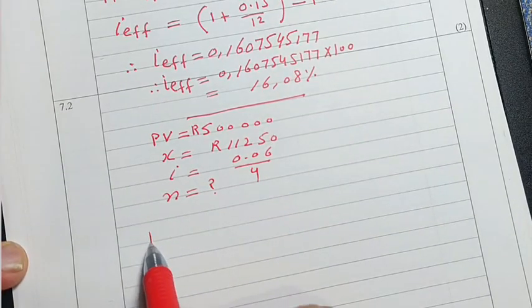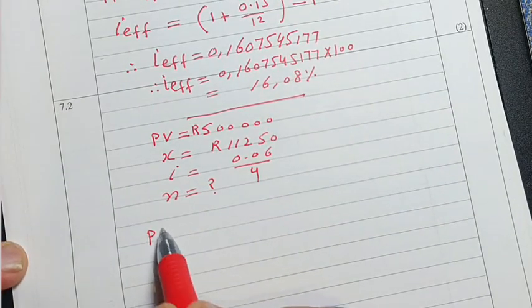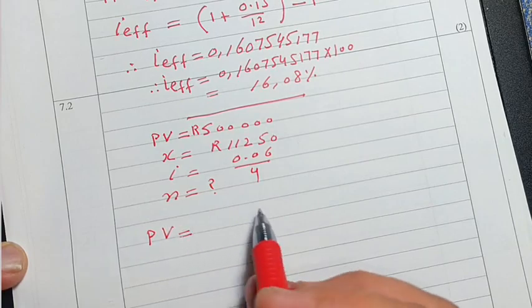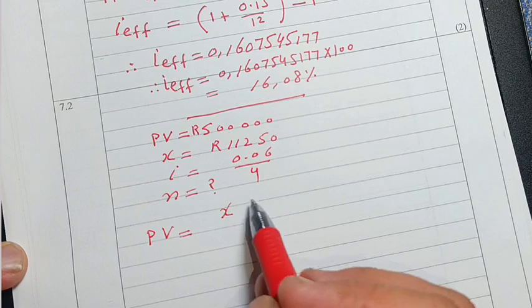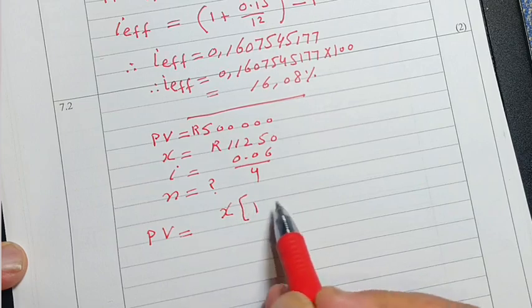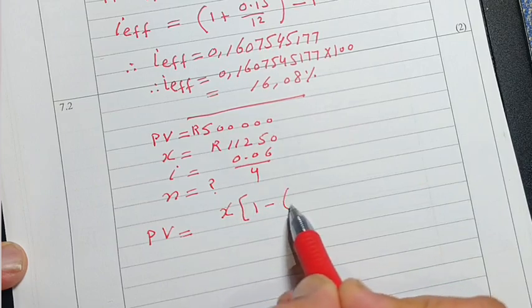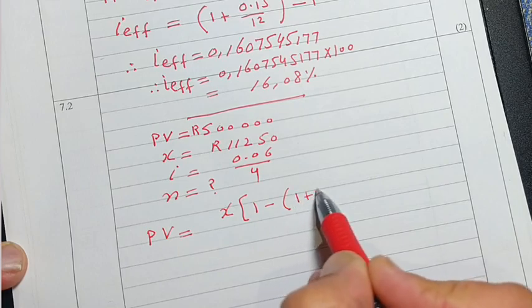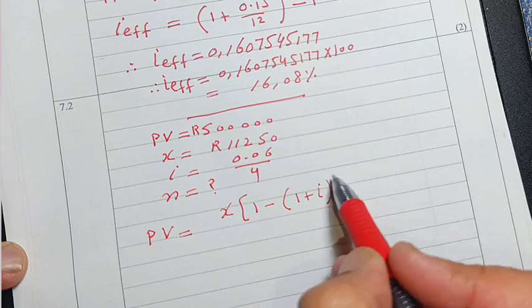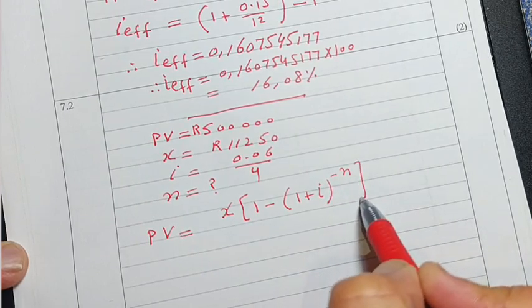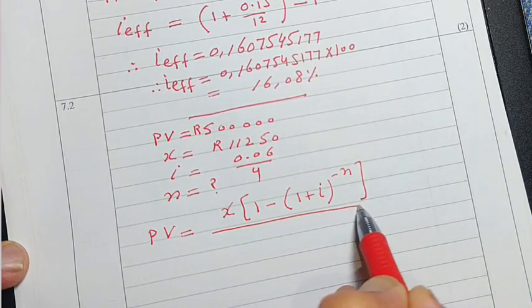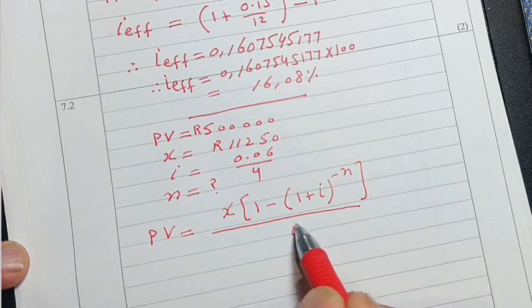The present value formula: present value is equal to x times (1 minus (1 plus i) to the power negative n), over i.